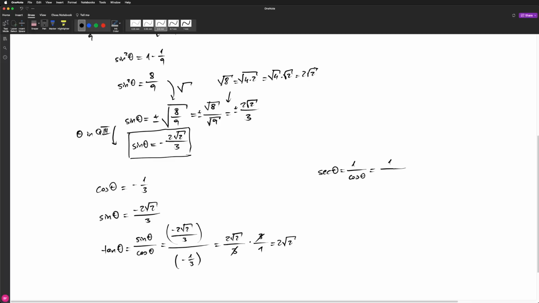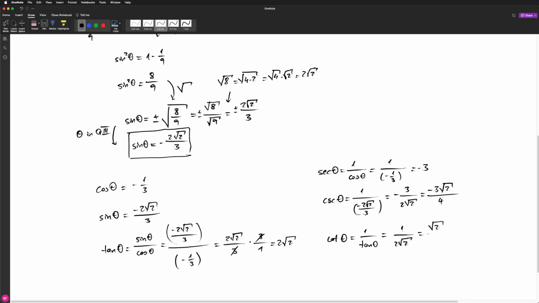So that's going to be 1 over negative 1 over 3, and that would be just negative 3. Cosecant theta would be 1 over negative 2 root 2 over 3, and that would be negative 3 over 2 root 2. And since we're civilized people, we're going to rationalize our denominators. And cotangent theta is going to be 1 over tangent theta, and that's going to be 1 over 2 root 2. Again, I'm going to rationalize my denominator by enlarging it by square root of 2.